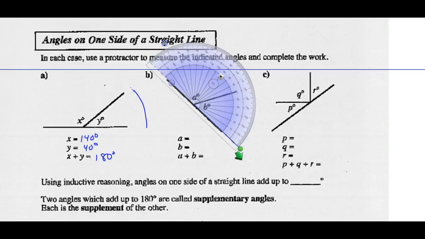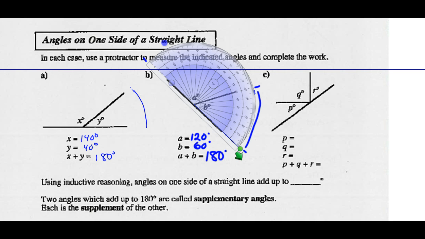And now it looks like angle A starts at 0 and it goes to about 120. And angle B starts at 0 here and it goes, in this direction, to 60 degrees. So 120 plus 60 is 180.